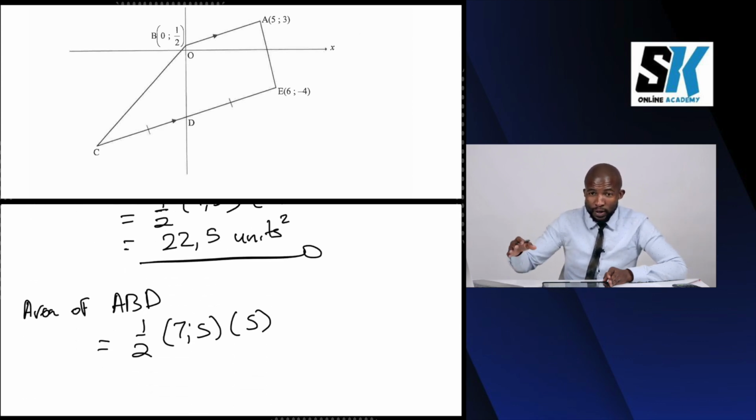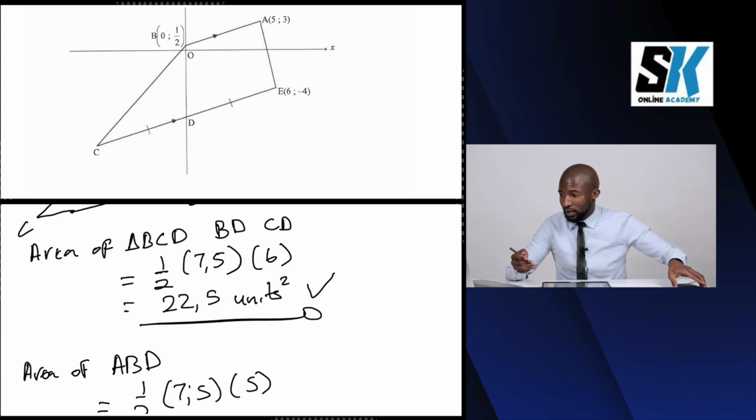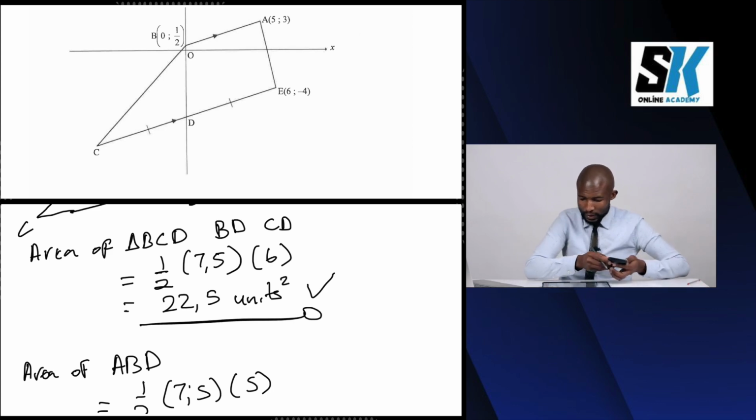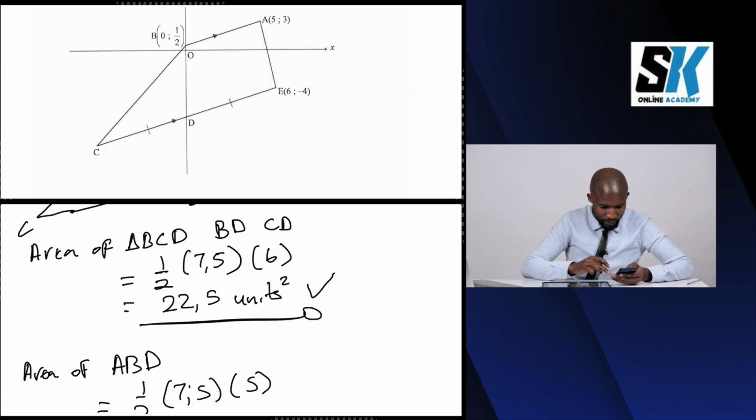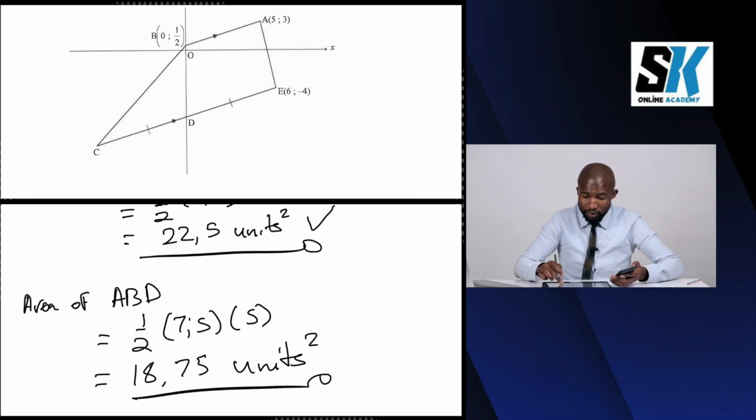Remember you're looking for the quad. So when you get the answer for this triangle and for the previous triangle, you must add them both, then you get the area of the whole quad. So it's going to be 7.5 times a half times 5 this time around, and then you're going to get 18.75 units squared, and then you're going to add your answers.